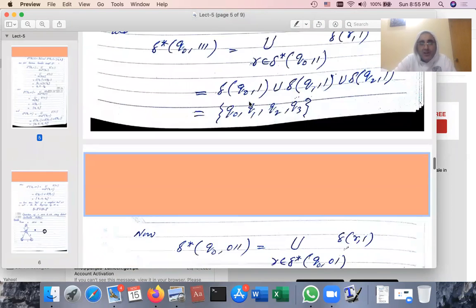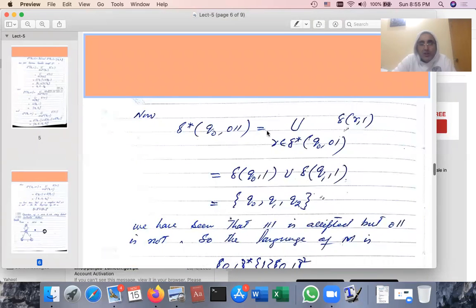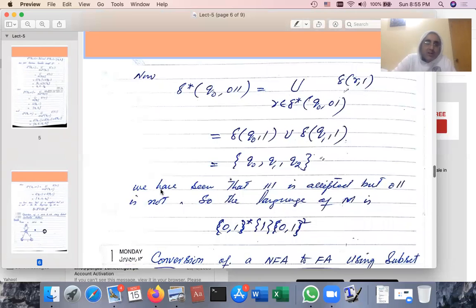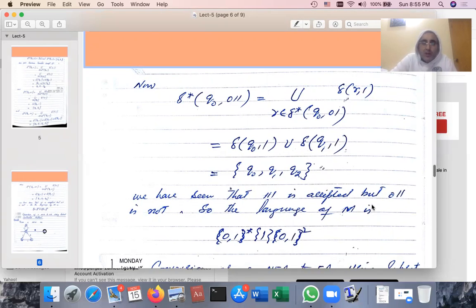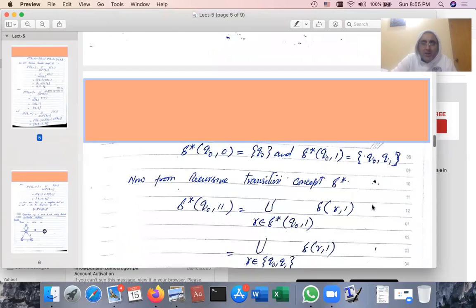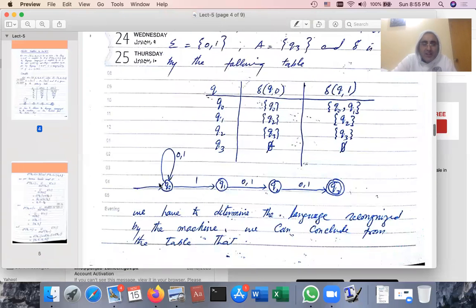This is with triple one, and this is 011, and here I am not reaching Q3. So we have seen that triple one is accepted but 011 is not. So the language of M, now you can conclude the language. You can also conclude the language by looking at this diagram. This is 0,1 star, and then this is 1, and then 0,1 raised to power 2.